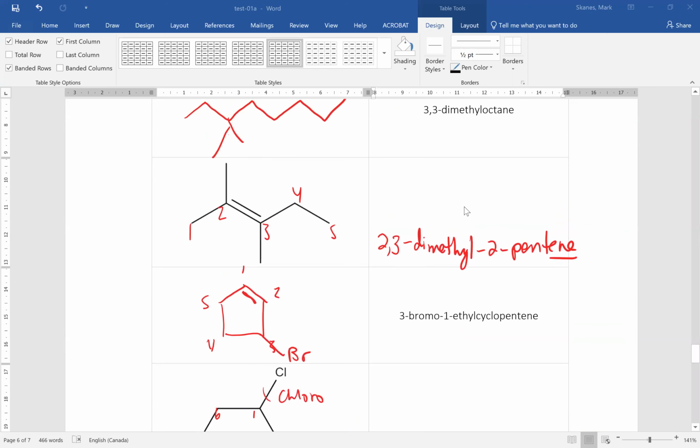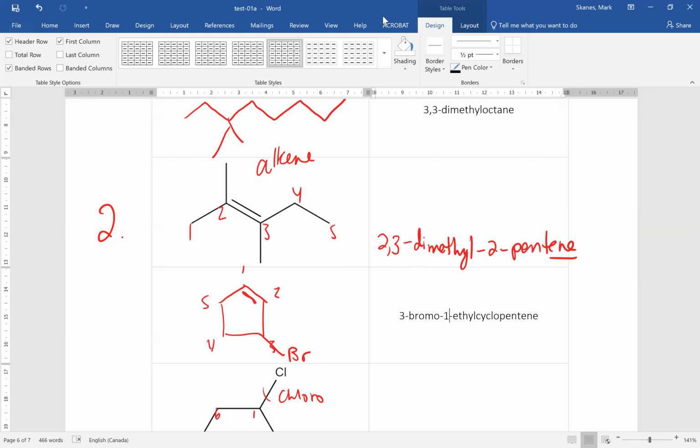I had a question in the chat from Niam. Why is number 2 pentene? Because it has a double bond. Double bonds make it an alkene, so this is an alkene. Or did I miscount the number? 1, 2, 3, 4, 5.